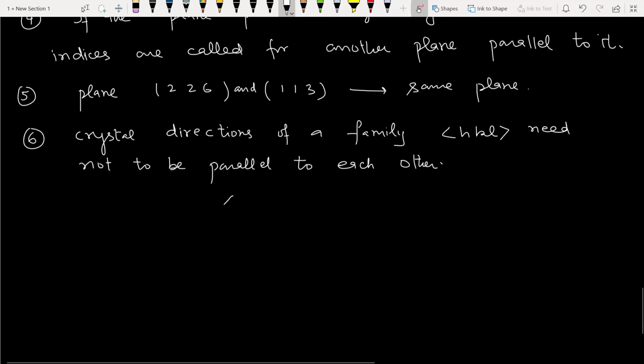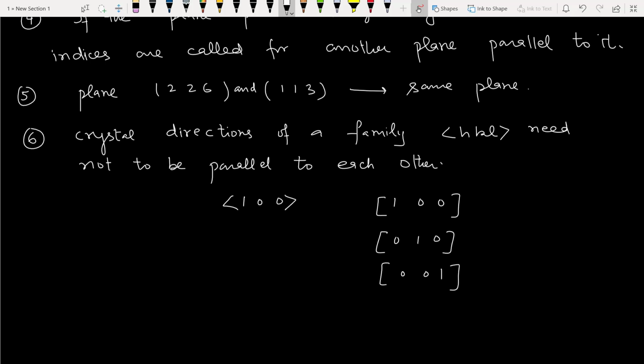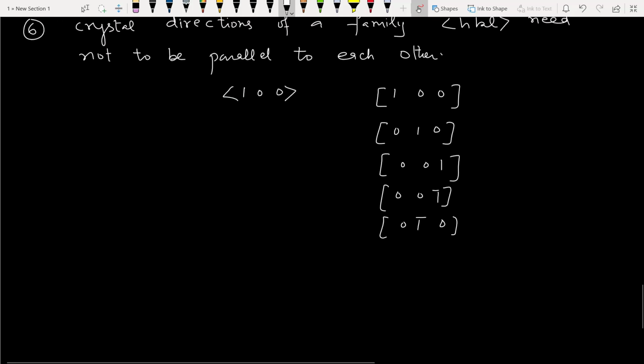So if we write this family, it will have these directions: [100], [010], [001], [001 bar], [010 bar], [100 bar].